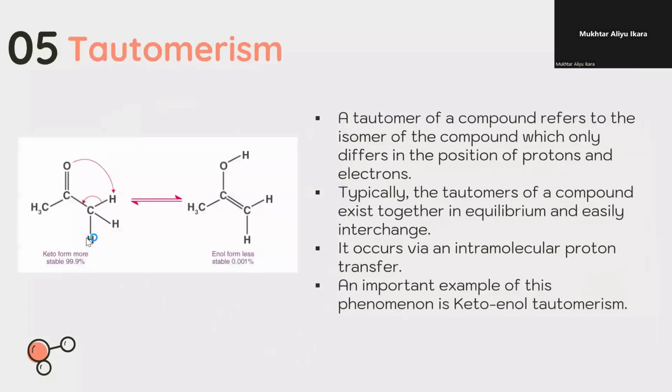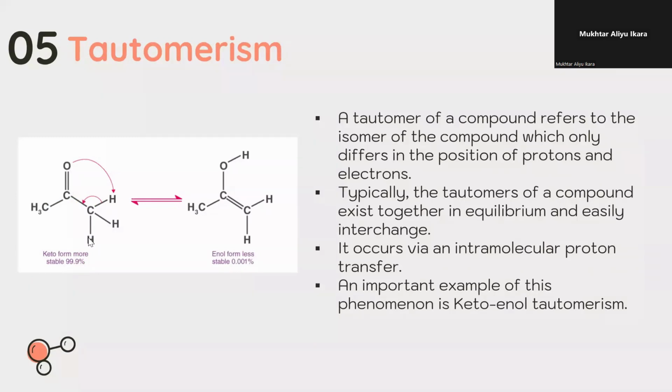So the next type of isomerism is tautomerism. Tautomerism is just a hydrogen shift. A tautomer of a compound refers to an isomer of the compound which only differs in the position of protons and electrons. For example, the proton here can be hydrogen. Let's look at the compound here.